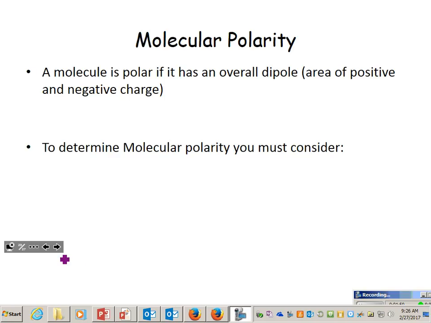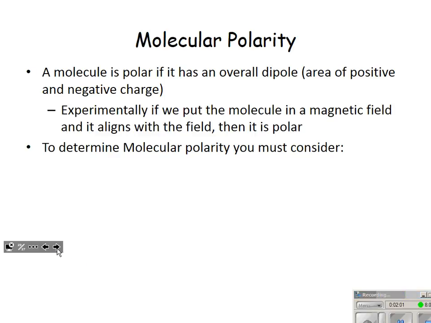So in order to determine molecular polarity, we have to consider a couple of things. The first thing we have to consider is: are the bonds creating any polarity themselves? So when we have these electrons being shared between two atoms, are those electron densities shifting toward one atom or the other?